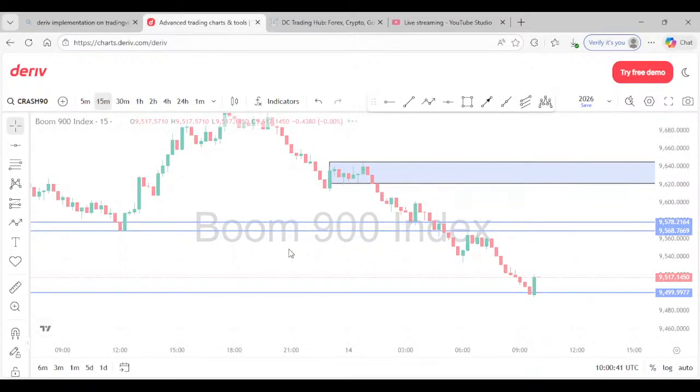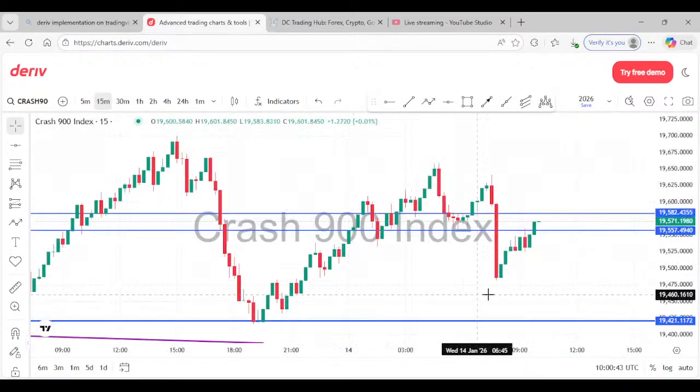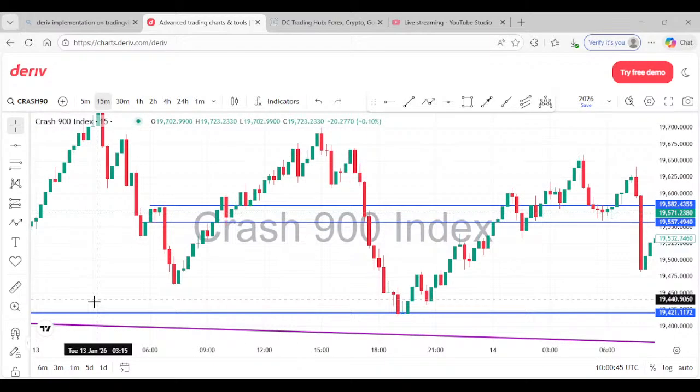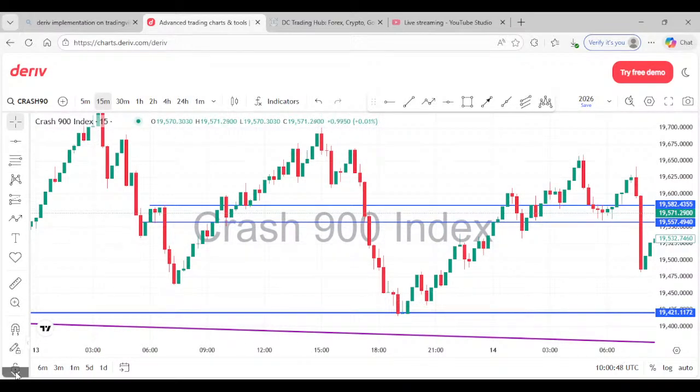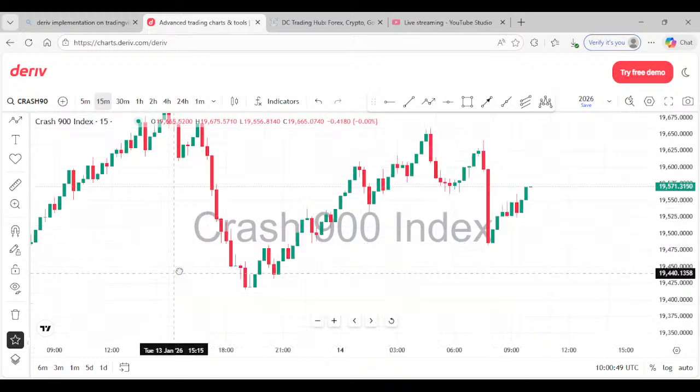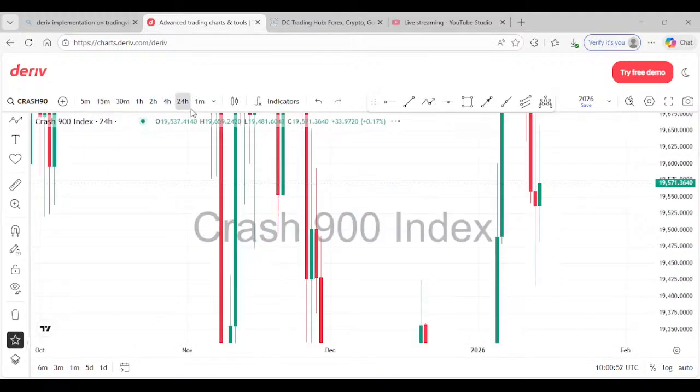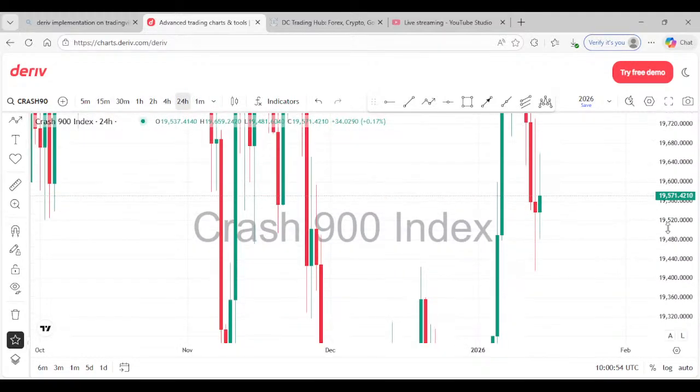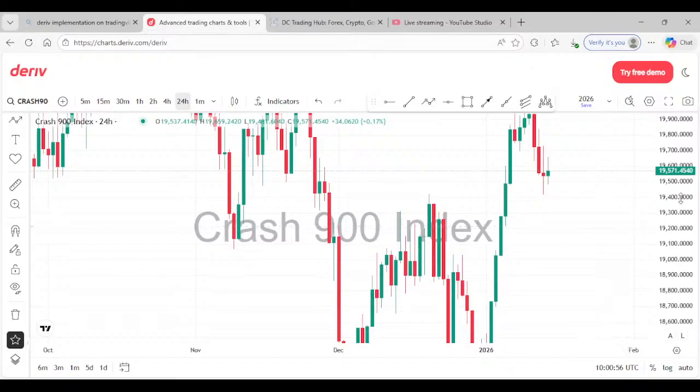Okay, we're looking at Crash 900 now. What's happening in Crash 900? So let's start from the higher time frame, from the daily, and check what is taking place. So from the daily, what I can see is this.